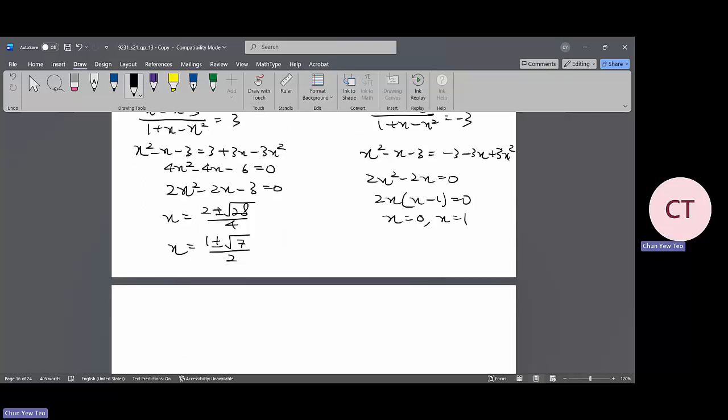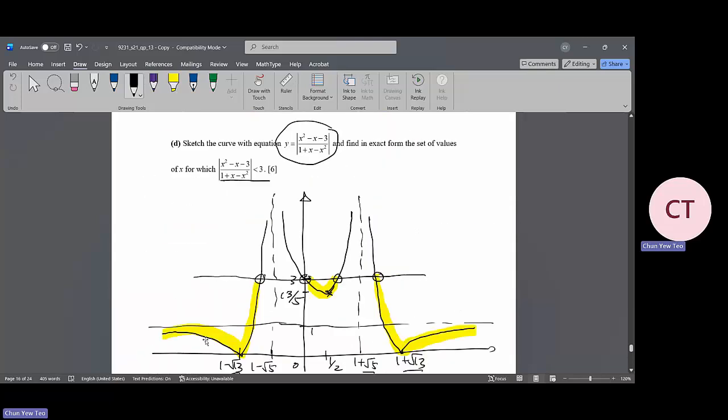So from here, if you arrange them in a sequence, you can see that the sequence will be like this. You get this sequence, which means that this point is 1 minus square root of 7 over 2. This is a 0. This is a 1. Then this is 1 plus square root of 7 over 2.